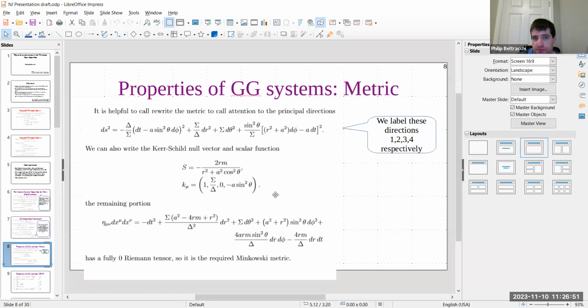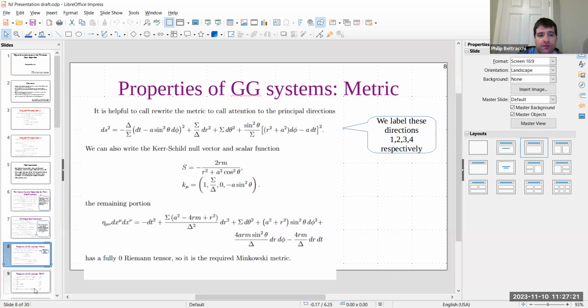They have simple expressions. In these coordinates, the expression for the Minkowski metric is actually long and complicated, but it can be verified that it has the correct signature and has 0 Riemann tensor, regardless of what the m function is. So it is, in fact, the Minkowski metric, although the coordinates make it non-obvious.